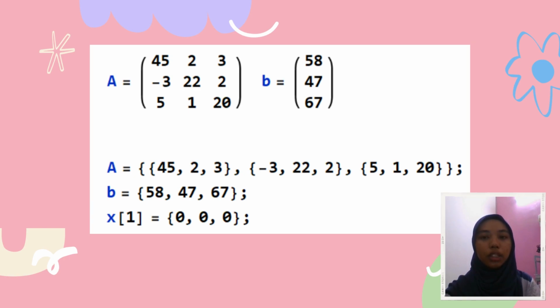At the back of the equation, 58 47 and 67, we let be matrix B, and then we let the first approximation x1 be 0.